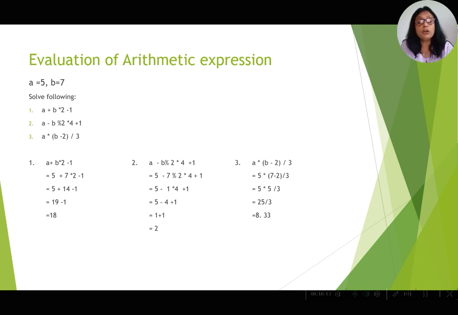Next are multiplication and division, these two operators, so it will be from left to right. So 5 into 5 is 25, divided by 3, so it becomes 8.33. These are the examples based on the arithmetic operators.